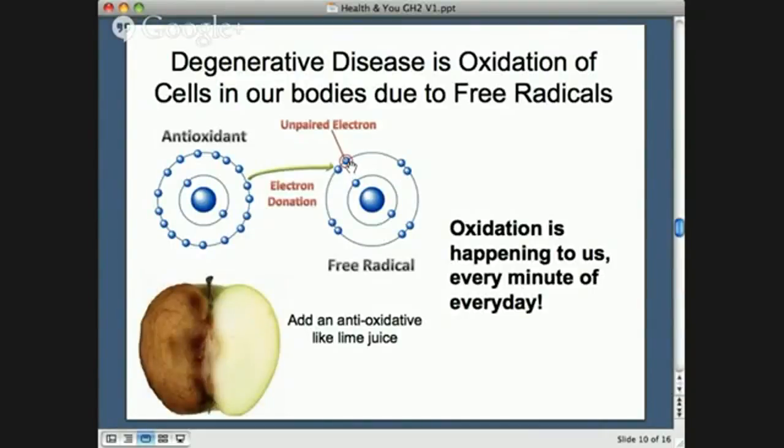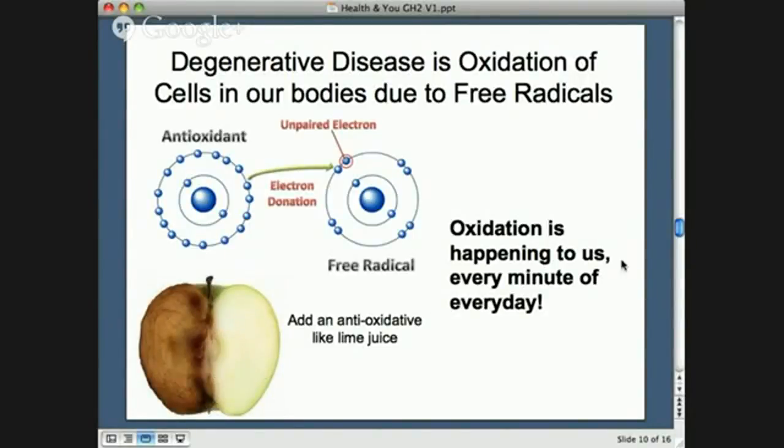And these electrons, once they break off, cause the cell to degenerate. If we've got antioxidants in our system, which are overloaded with excess electrons, these antioxidants can pair up with unpaired electrons and neutralize them. Kind of like if you put lime juice on an apple, you'd get this effect on one side where you didn't put the lime juice of it dying, and on the other side it actually survives.